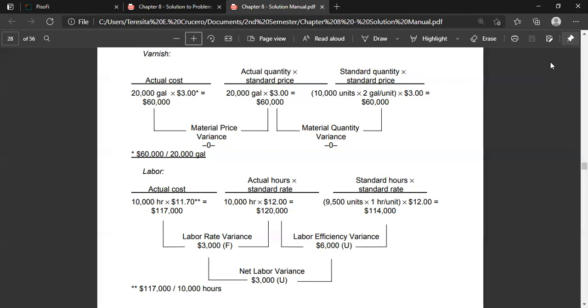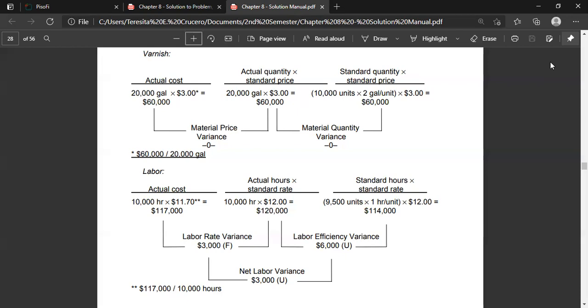The labor rate variance is 120,000 minus 117,000. The labor rate variance is favorable because we now have the standard rate higher than the actual rate.